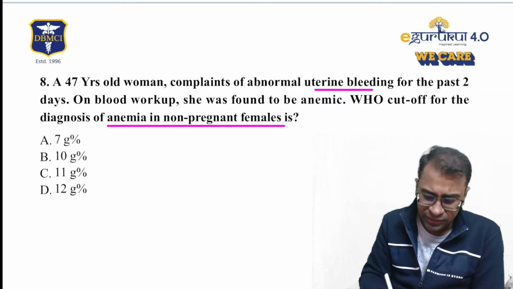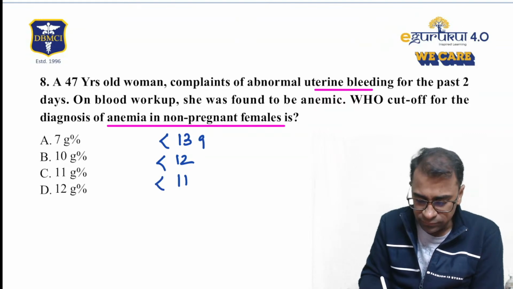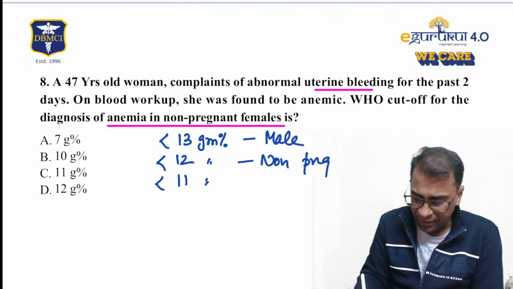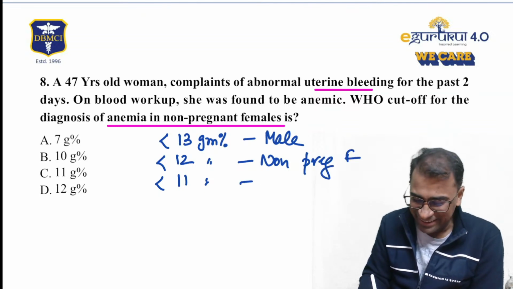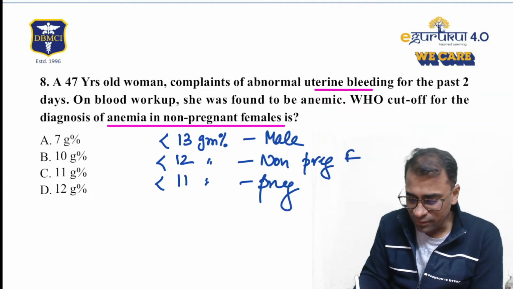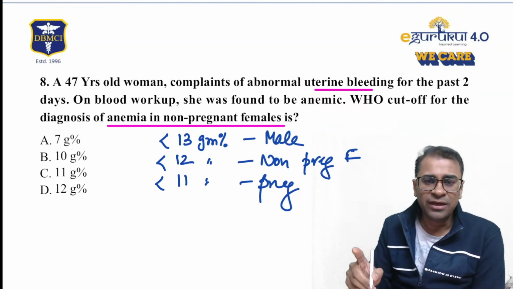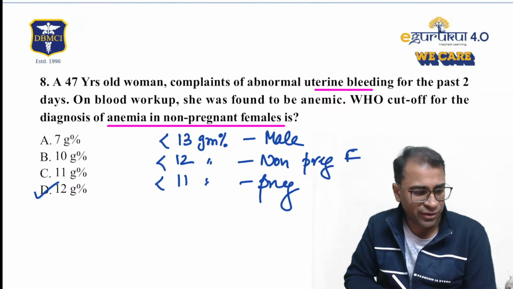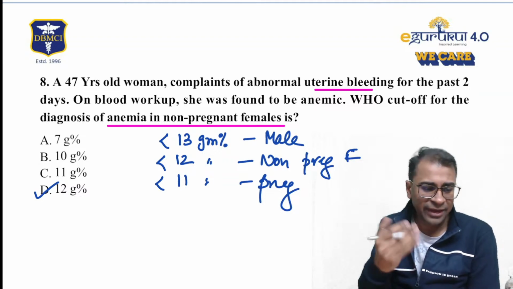It's very simple: 13, 12 and 11 gram percent. 13 in males, 12 in non-pregnant females, and in pregnancy it's 11 g/dL. So here non-pregnant is asked, so what is the cutoff? Cutoff is 12. D, very good. So 11 will be anemic, cutoff is 12. The moment it is below 12, it's anemic.